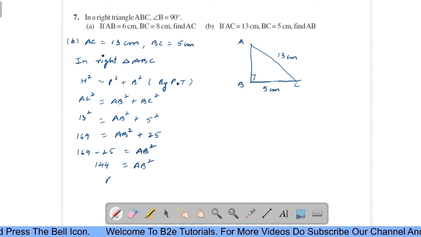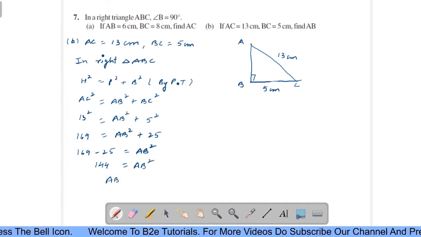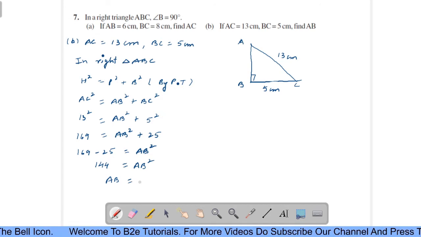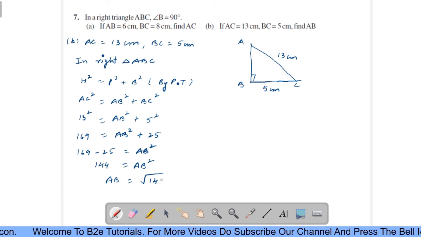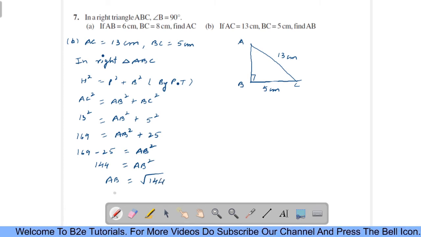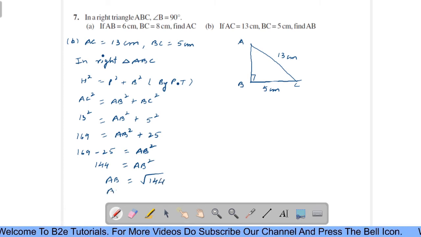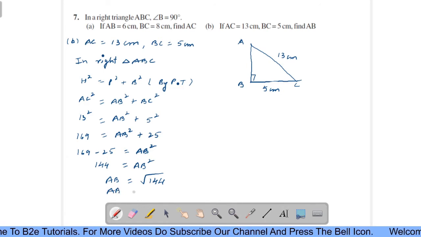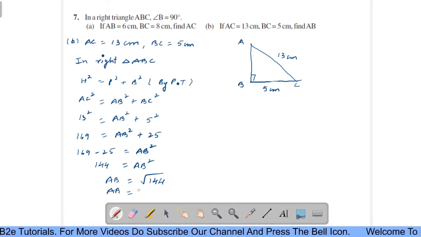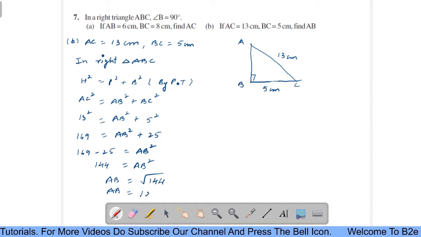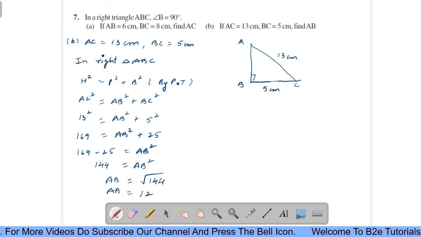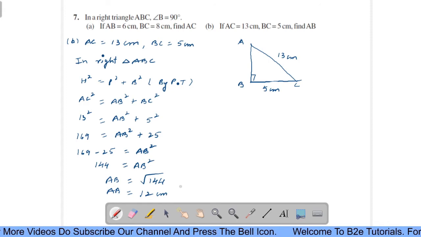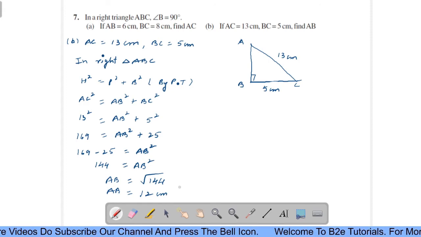AB equals, if you remove the square, you have to take the square root of the other side, that is 144. AB equals the square root of 144 is 12. So 12 centimeter. This is your answer. Now come to the next question.